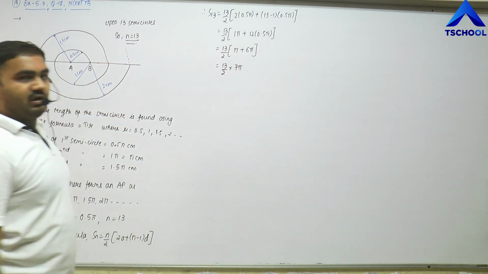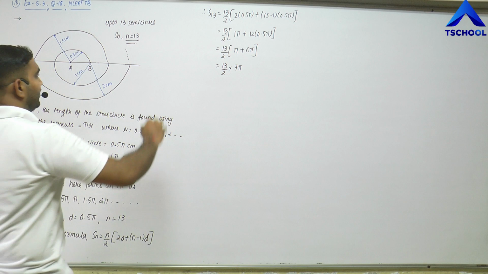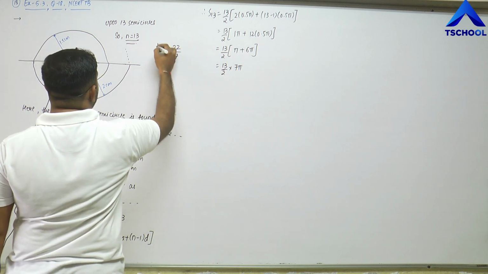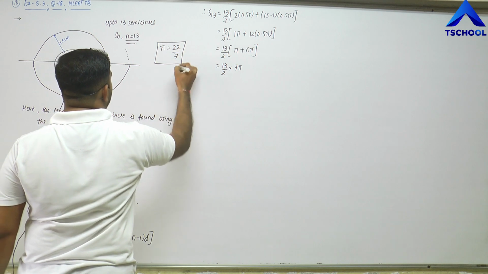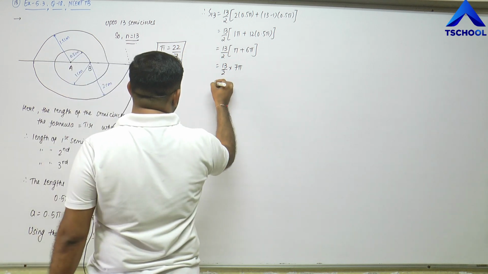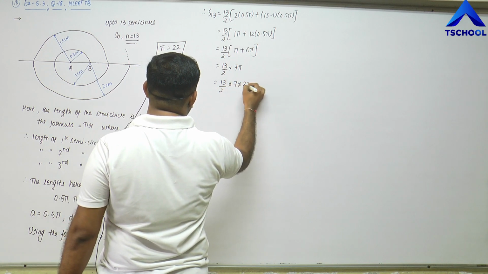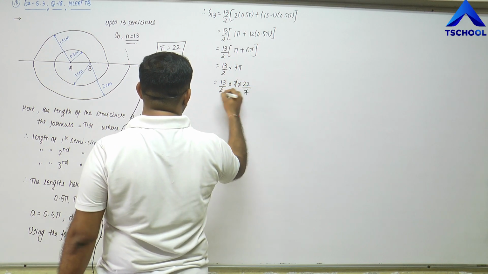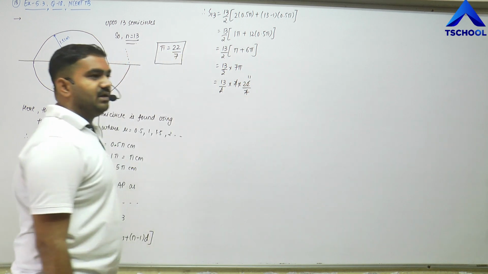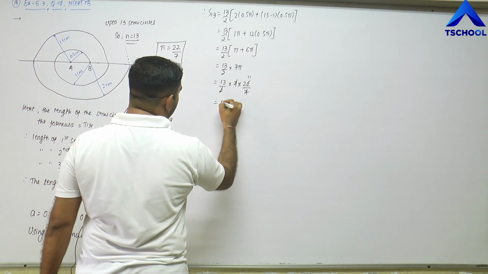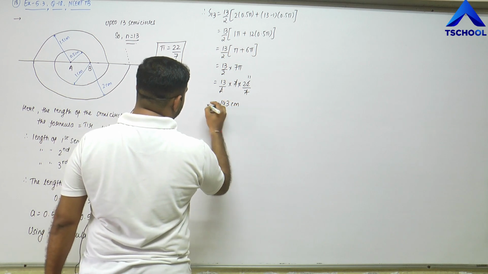Now as we all know, the value of pi is 22 by 7. We shall take the value of pi as 22 by 7, so that is 13 by 2 multiplied by 7 multiplied by 22 by 7. So the 7s cancel, and 2 into 22 can be cancelled by 11. So 13 into 11 is equal to 143 centimeter.